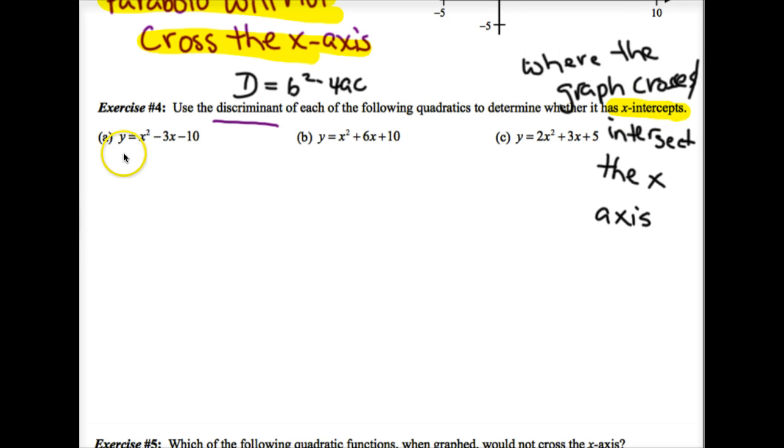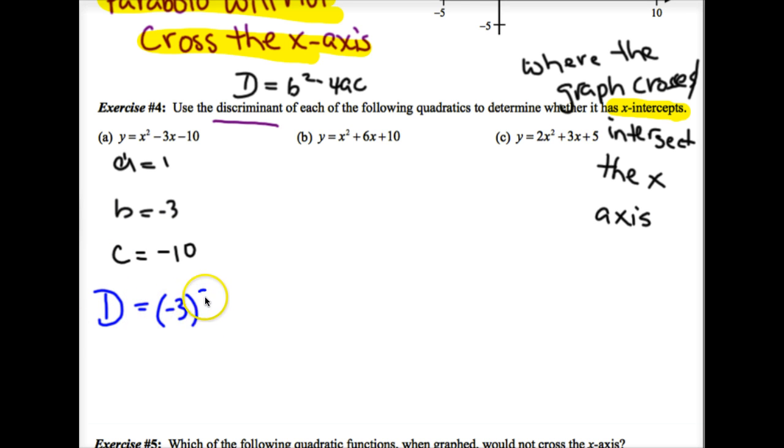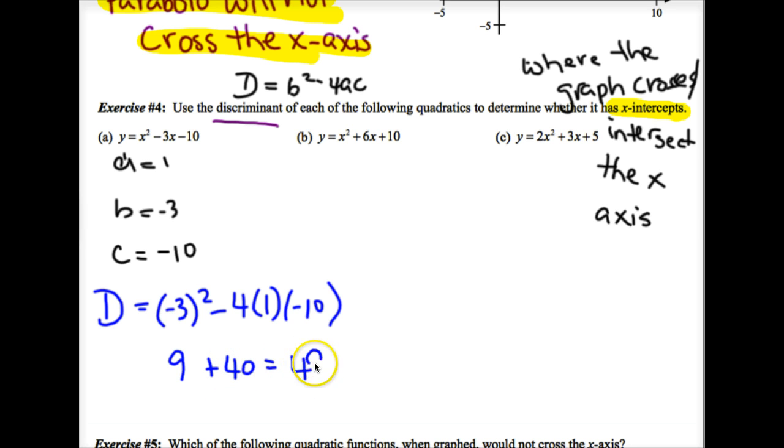Now, let's see how this works. So my A is 1, my B is -3, and my C is -10. That makes my discriminant 3 squared minus 4 times 1 times -10. This is 9 plus 40, which is 49.